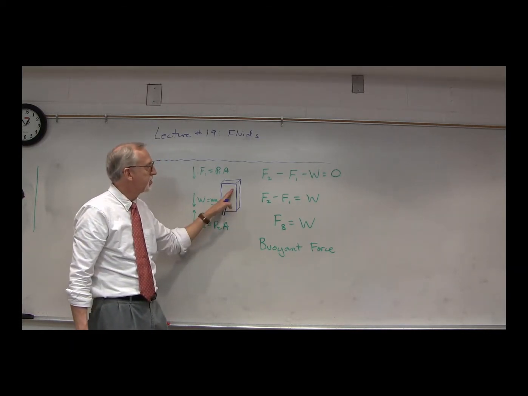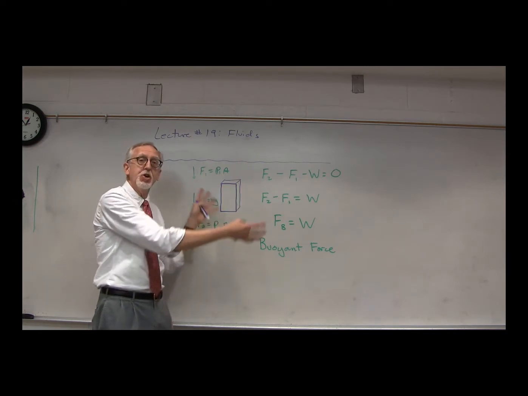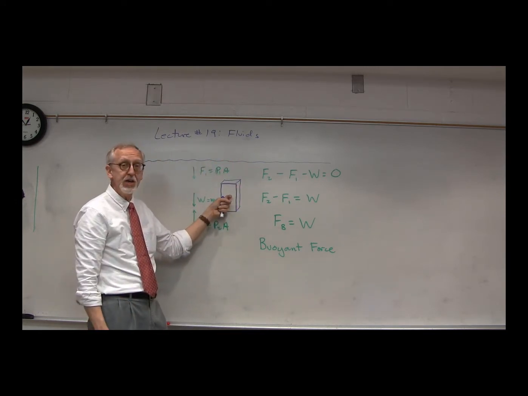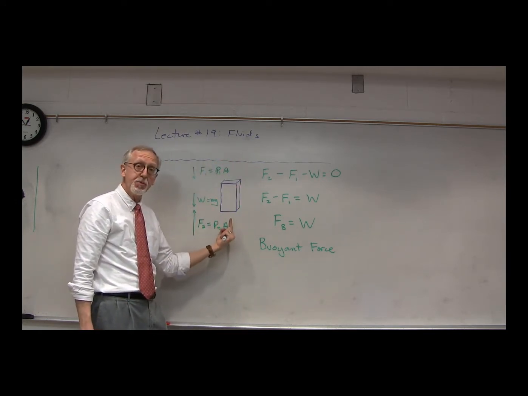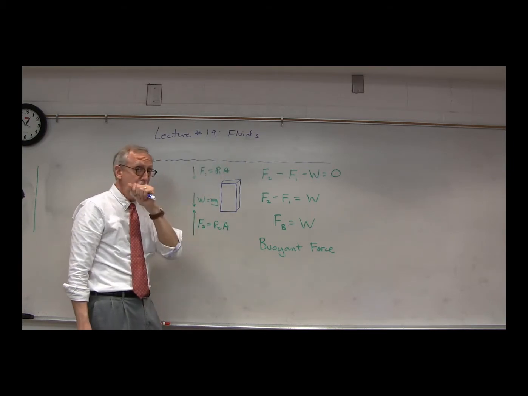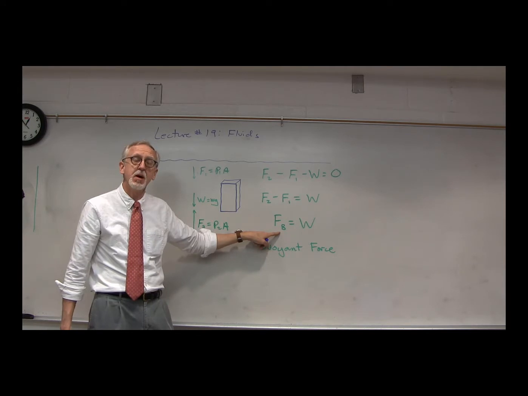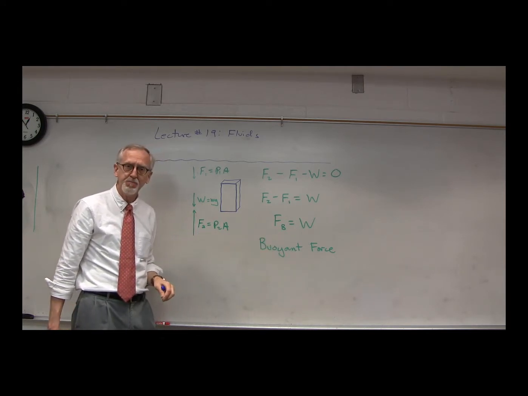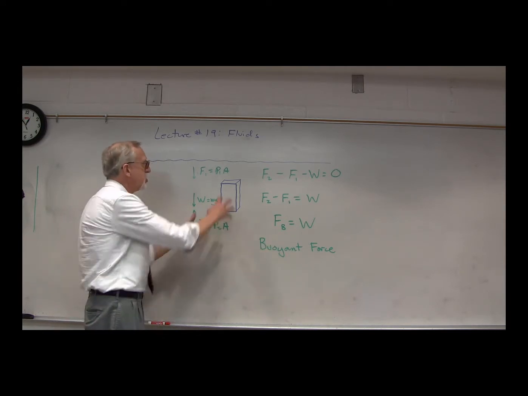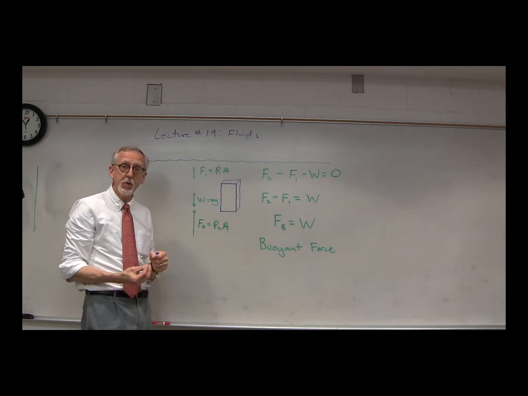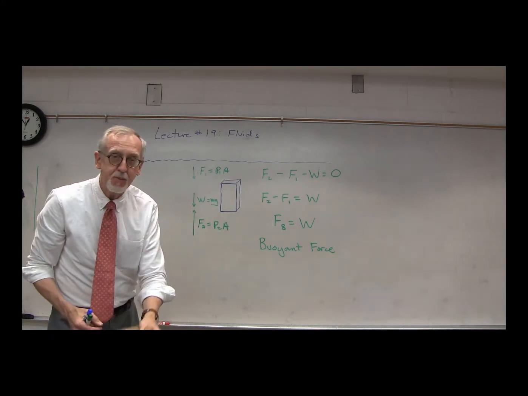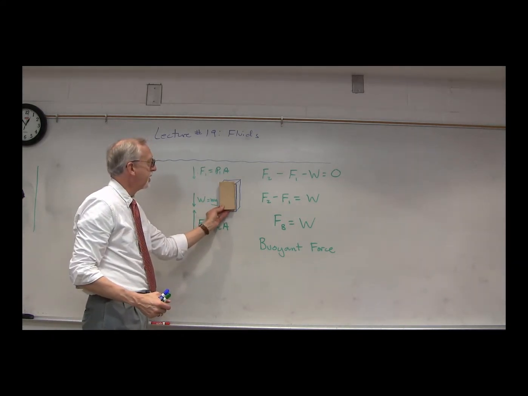It's acting on this fluid from the external fluid, pushing on this because there's a greater pressure below than there is above. We'll call that F sub B for the buoyant force. Now, let's imagine we remove that fluid and we put something else in its place.